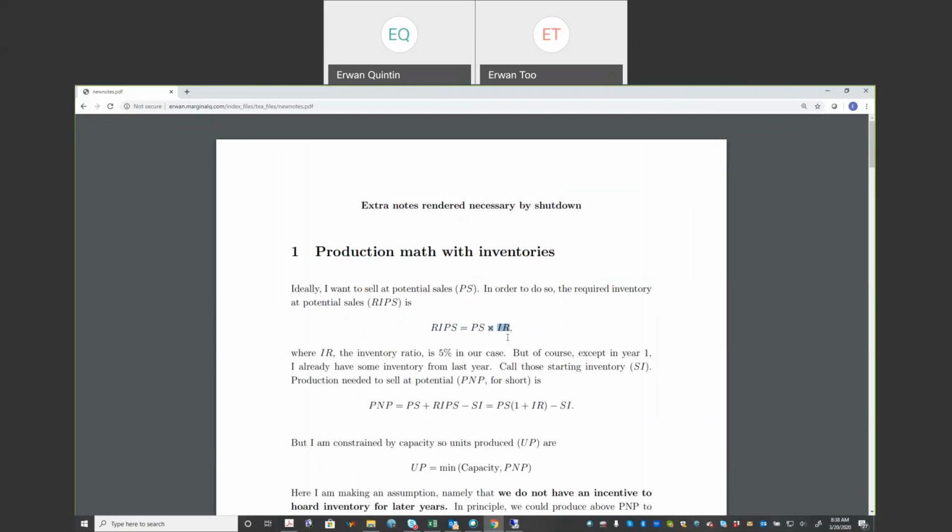Okay, so now what I need to calculate is, let me calculate how much I would need to produce in order to sell at potential. So in order to sell at potential, I have to have enough units to sell at potential and then to support the inventory required at potential. But of course, at least starting in year 2, I already start with some inventory.